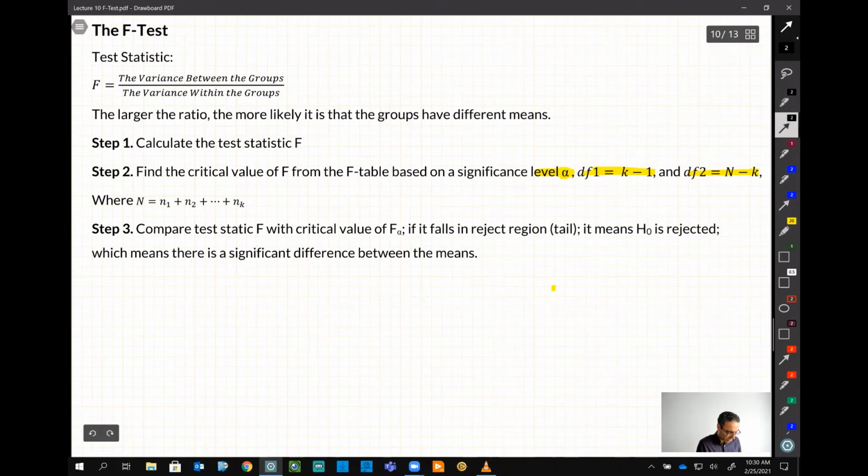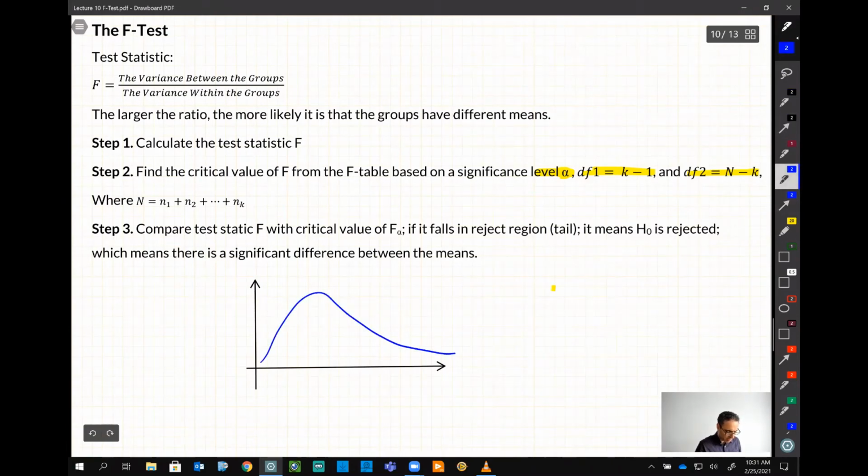Similar to the Z or t-test, let me just graphically show it. Let's say this is our F distribution, and based on your alpha, you find the critical value. Let's say the critical value is here. This is your critical value, F alpha.